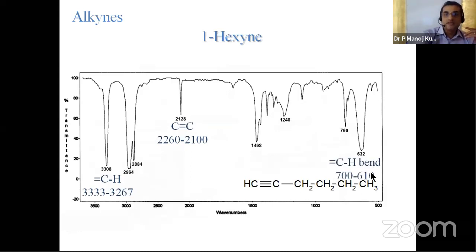CH bending 610 to 700. So these are the three diagnostic bands to find out an alkyne. What are the three diagnostic bands? CH 3267 to 3333, then around 2250 you will be getting a band, then CH bend you will be getting between 610 to 700. Keep this in mind.